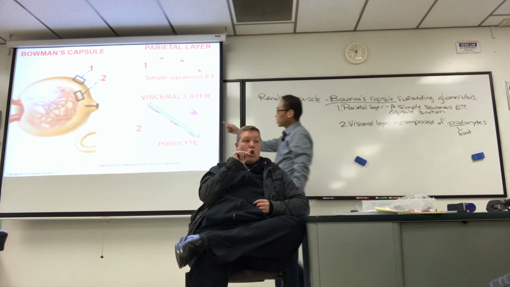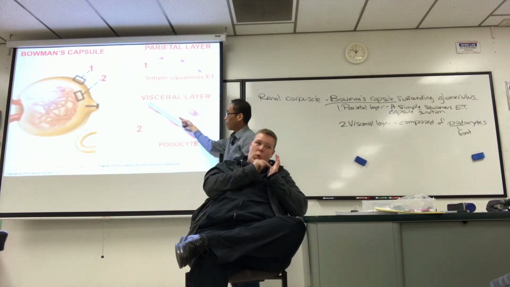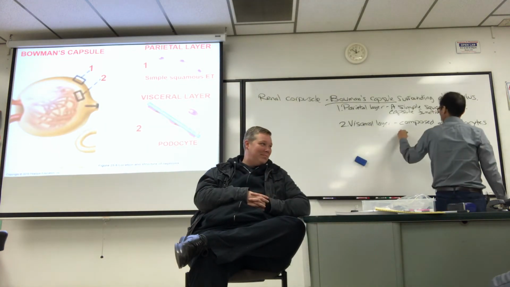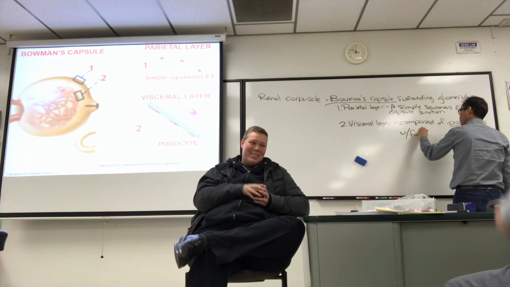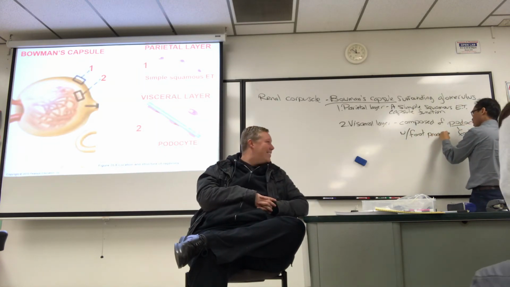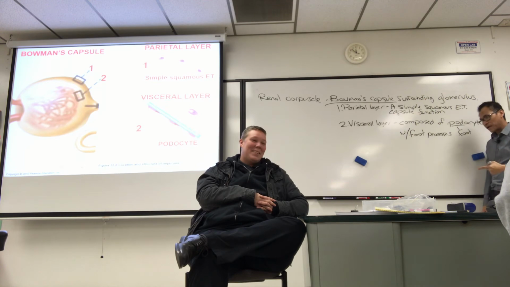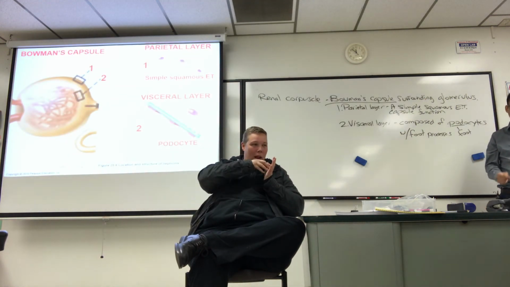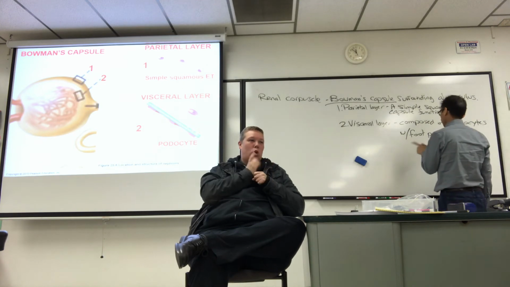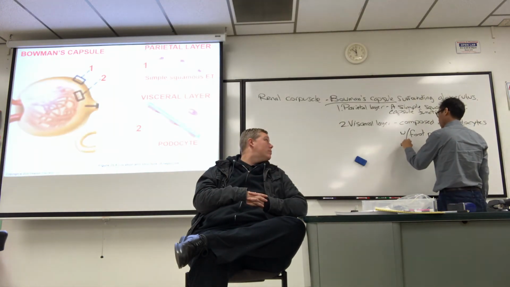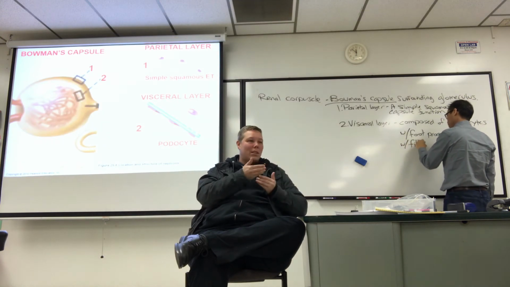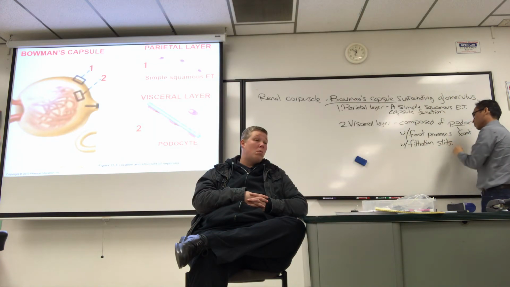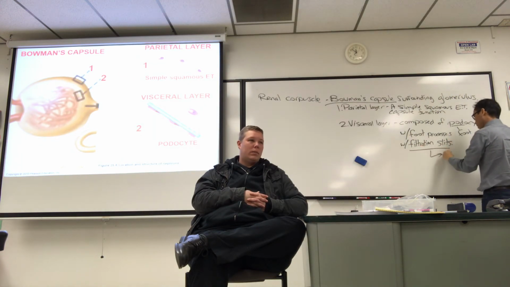There are all these little feet, and they call them foot processes. So I'll say podocytes with foot processes. Those foot processes create filtration slits. They make the glomerulus a very good filter.